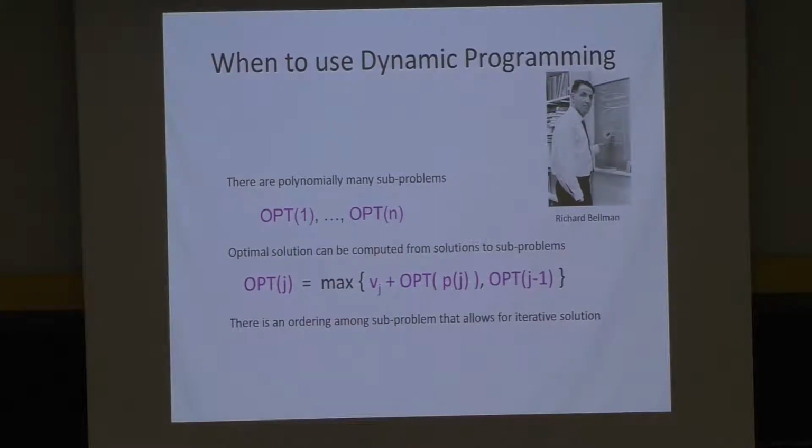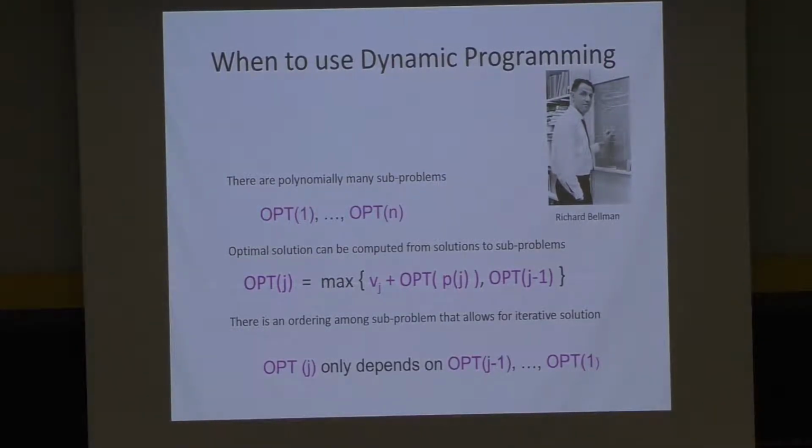And finally, there is an ordering among subproblems that allows you to come up with an iterative solution. This last point is important to go from the recursive definition to an iterative definition. For weighted interval scheduling, this was fairly simple because opt of j just depends on the previous j minus 1 values.